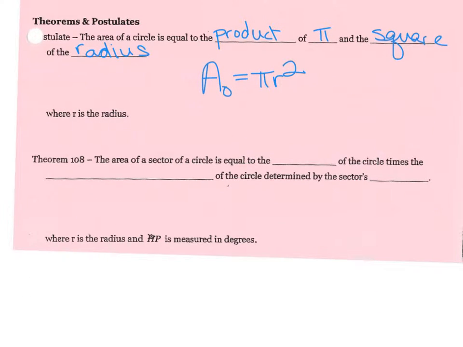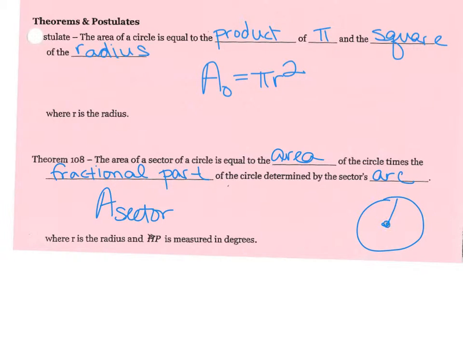The area of a sector of a circle is equal to the area of the circle times the fractional part of the circle determined by the sector's arc. So, area of a sector. If we have a circle and we have two radii bounded by the arc, we're going to label it HOP.